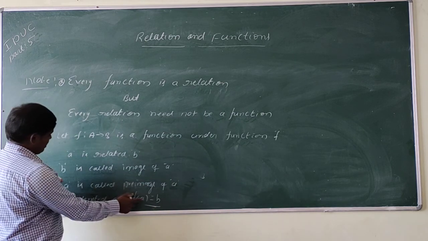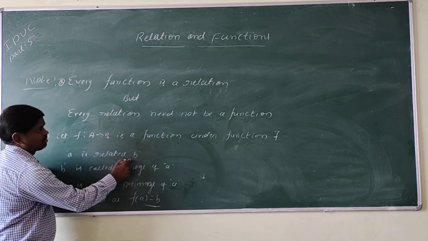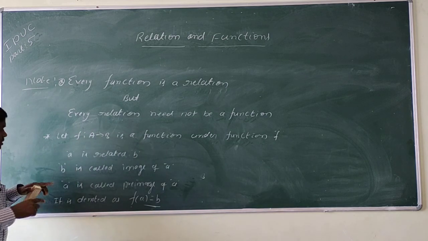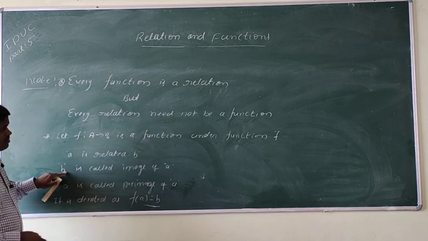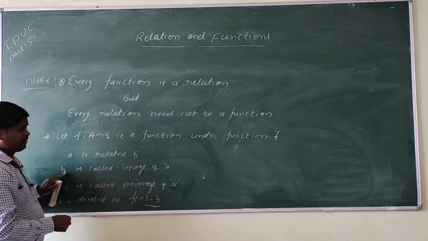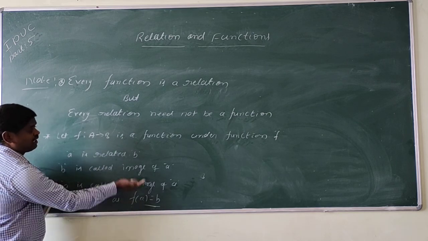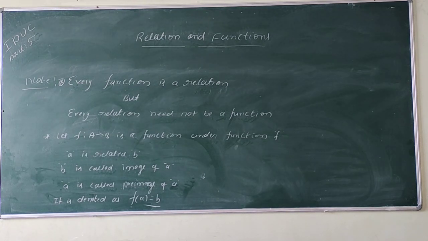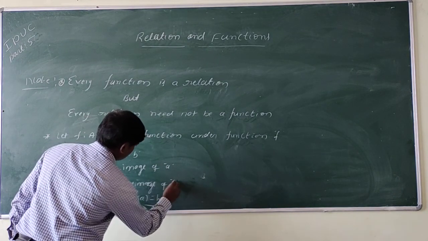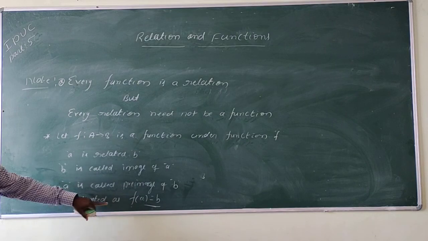So here a is related with b and the function f is mapped from A to B. So b is called the image of a, and a is called the pre-image of b.